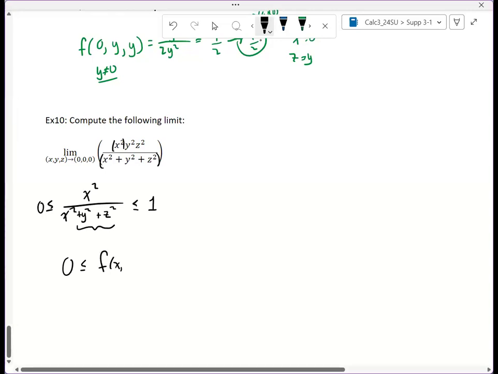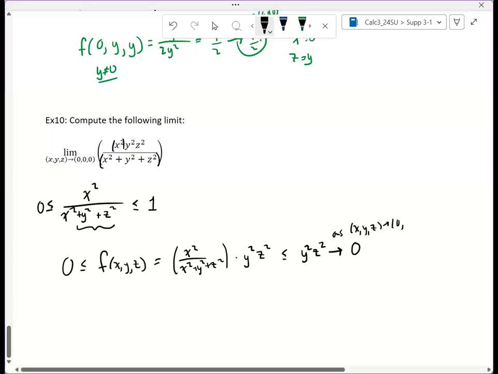0, of course, is less than or equal to f of x, y, z, which is x squared over x squared plus y squared plus z squared times y squared z squared. But this is less than or equal to y squared z squared, which goes to 0 as x, y, z goes to the origin.